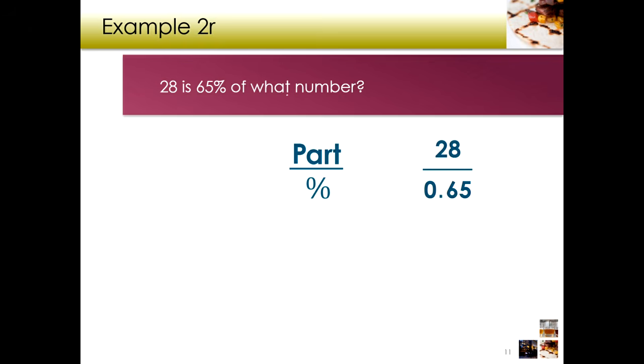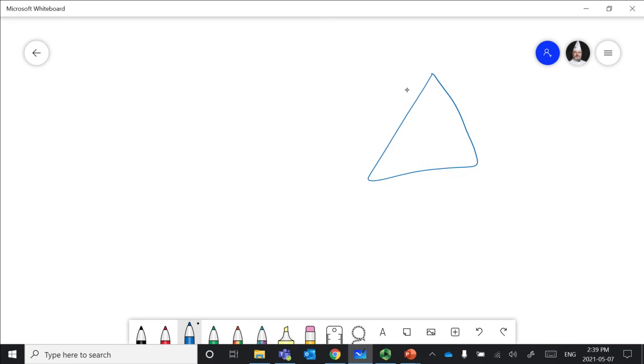All right, next example. We've got 28 is 65% of what number? So again, we can use that same triangle. And we've got a percentage, so let's put that in there as a decimal. We can't do any math with it as a percentage. Now we just have to decide, 28, is that the part or is it the whole? 28 is 65% of what number?